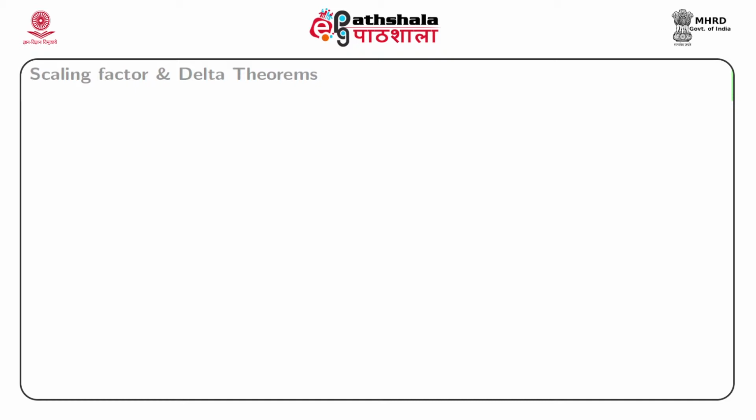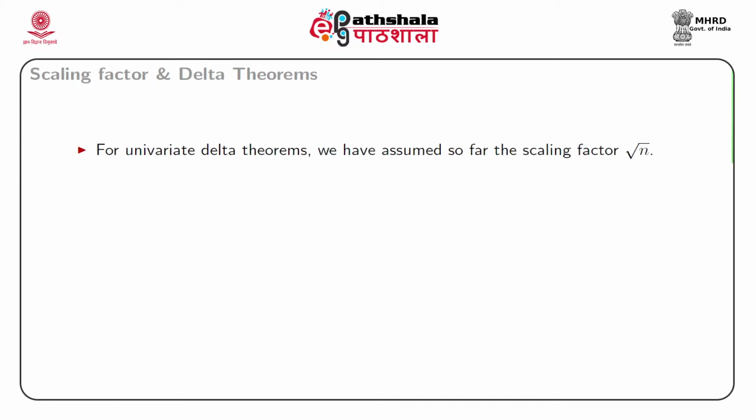That is, we have used square root of n times Tn minus theta converging in distribution to some large sample distribution x, and then obtained the large sample distribution of square root of n times g(Tn) minus g(theta). Throughout our previous discussion, square root of n is used as a scaling factor, but in practice the scaling factor may be other than square root of n.